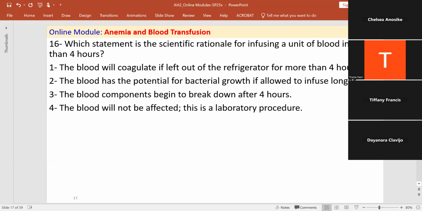It's more the bacterial growth that has to do with that. Because blood is a great medium for bacterial growth, any bacteria contaminating the unit will begin to grow if left outside of a controlled environment longer than 4 hours, and the patient will be at risk for septicemia.